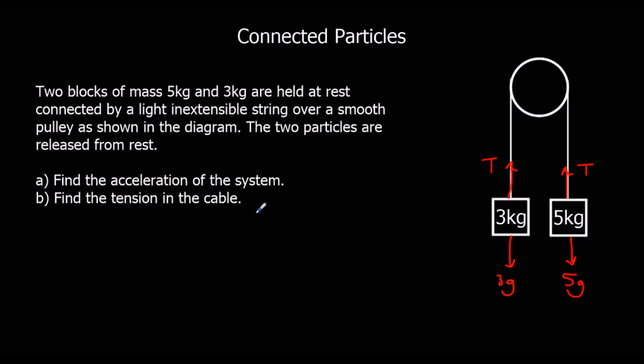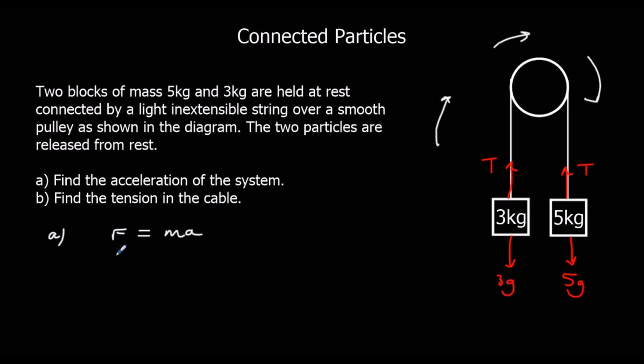So find the acceleration in the system. Again, we can look at the system as a whole. F equals ma. So the motion is going to be going this way. The 5 kilogram block is going to move down, and the 3 kilogram block is going to be moving up.